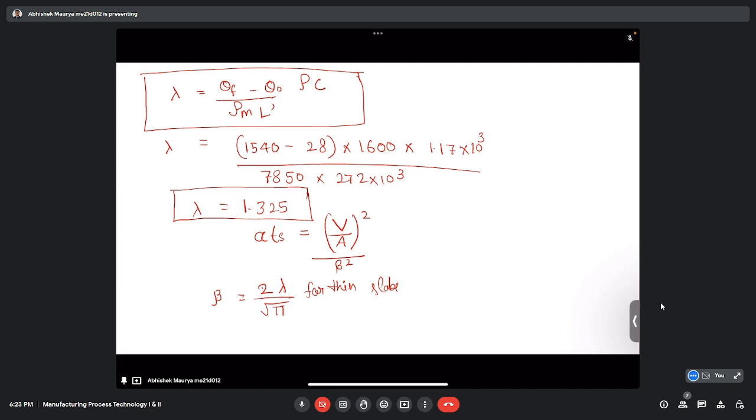Okay, so since we have already calculated lambda, we will be able to calculate beta also. Here we will substitute the value and calculate beta.